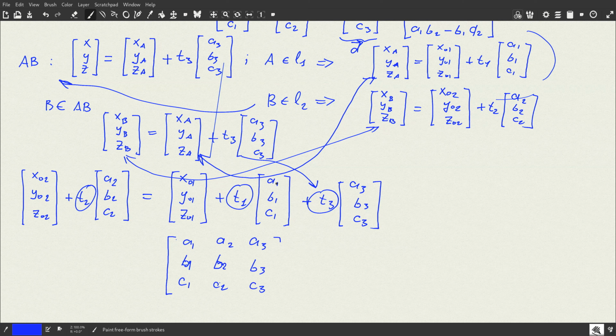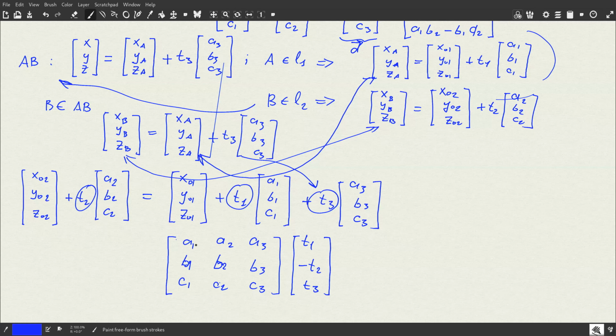Okay, the first column is multiplied by T1, the second, if we move everything into the right-hand side, by minus T2, and the third one is by T3. So if we put it that way, you see that it is correct. T1, minus T2 and T3.